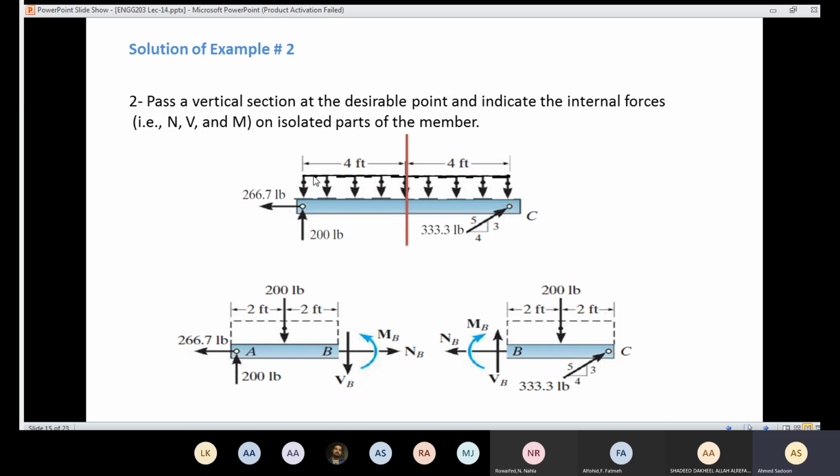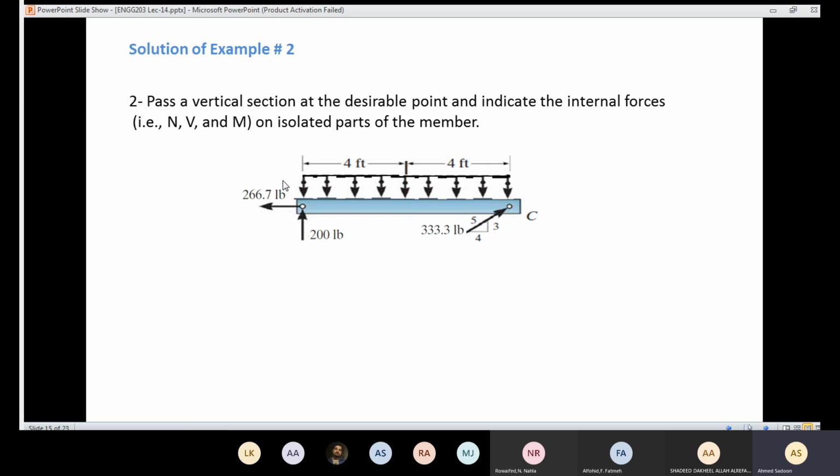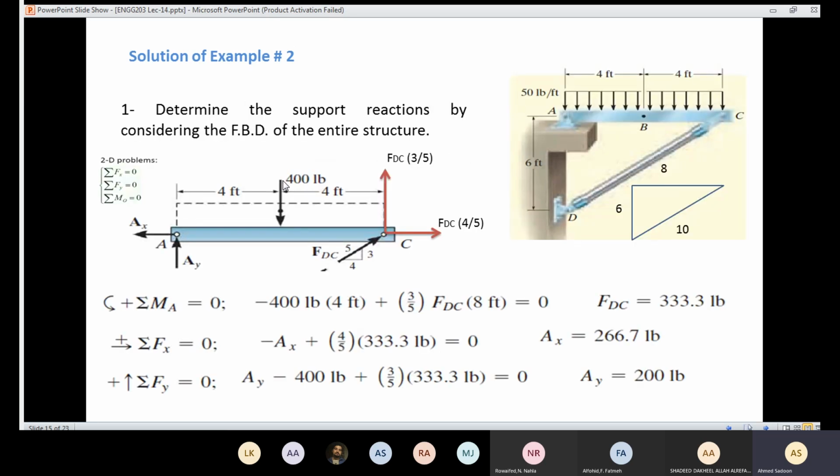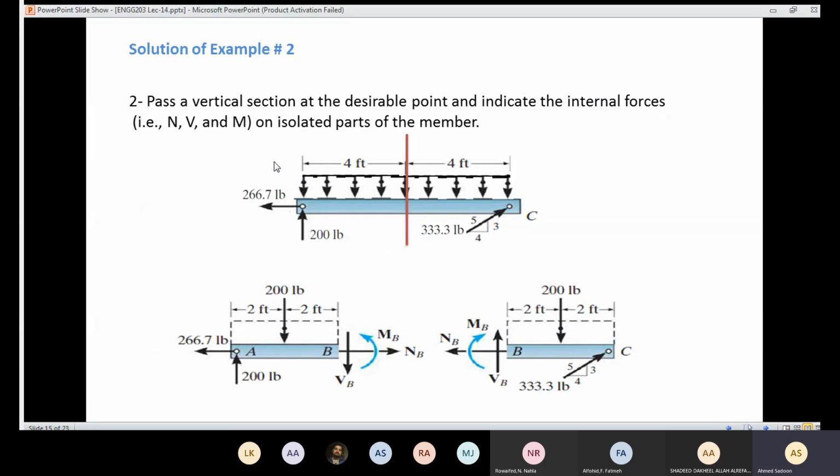So here I have 50 pound. I need to multiply it by 4, so I'm going to have 200 pound. And the same concept is going to be applied here. This one is 50 pound per foot. I'm going to multiply it by 4 in order to get 200 pound.